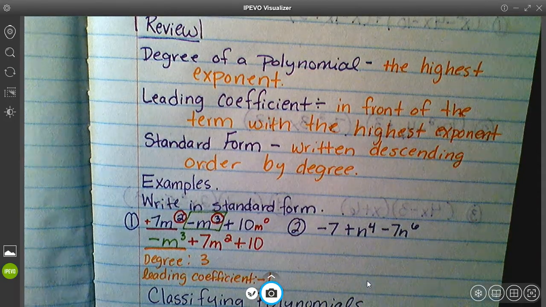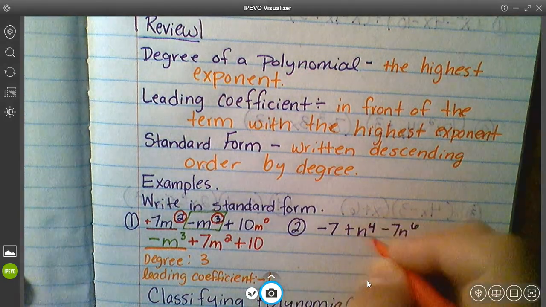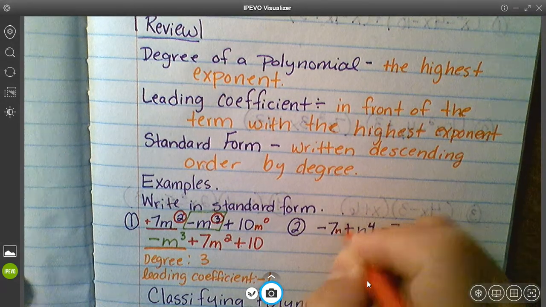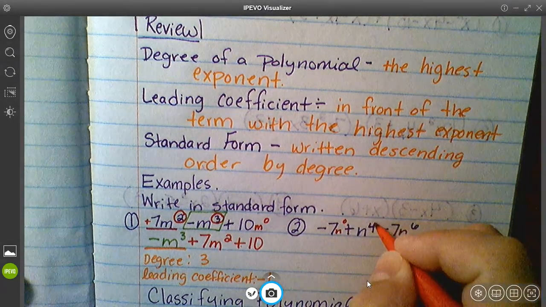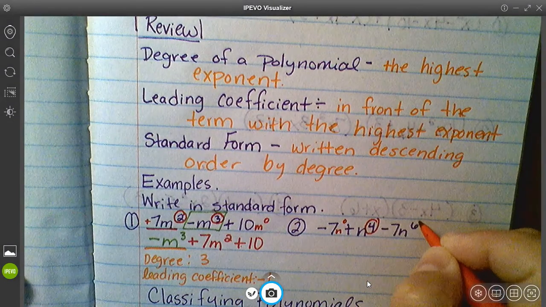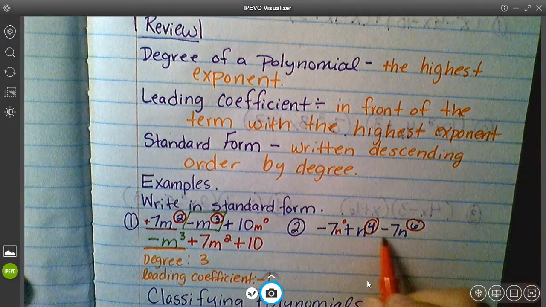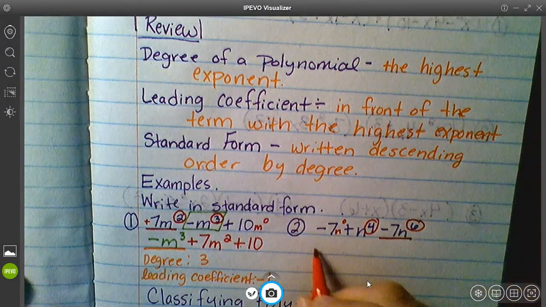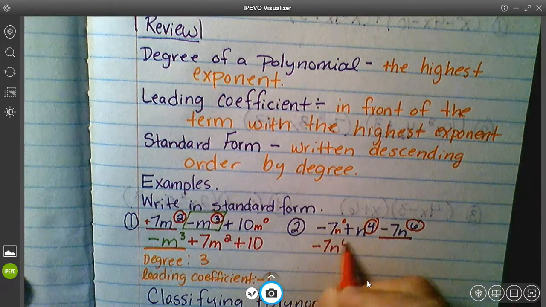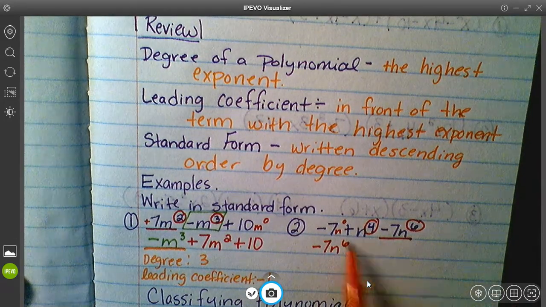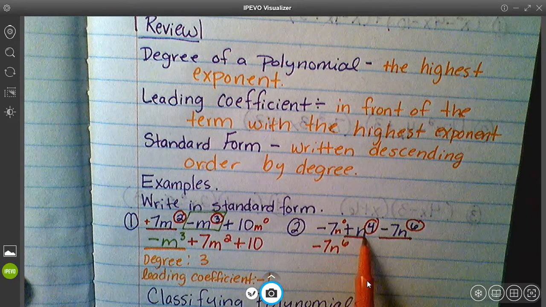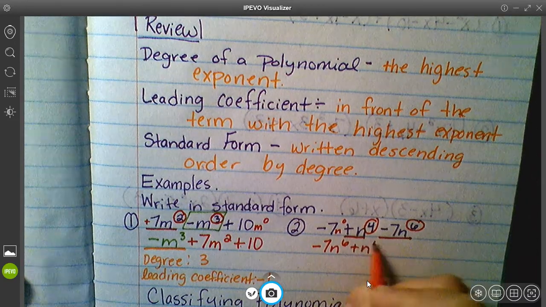Okay, so let's try it again. We have negative 7. That's the same again as n to the 0 power. We have n to the 4th, and we have n to the 6th. So the highest is this negative 7 n to the 6th. Next would be positive n to the 4th.